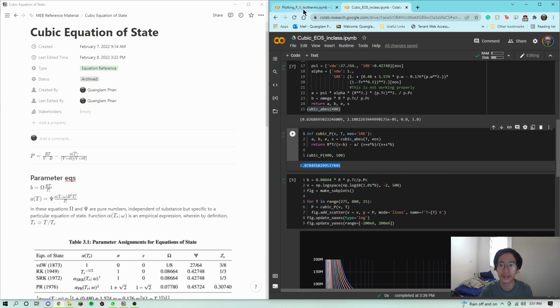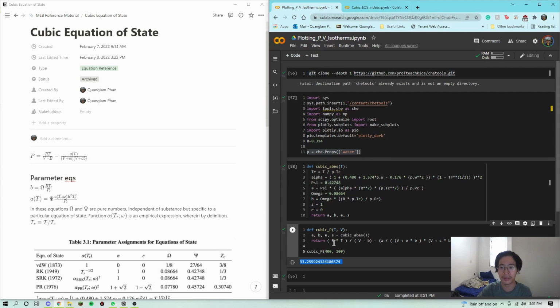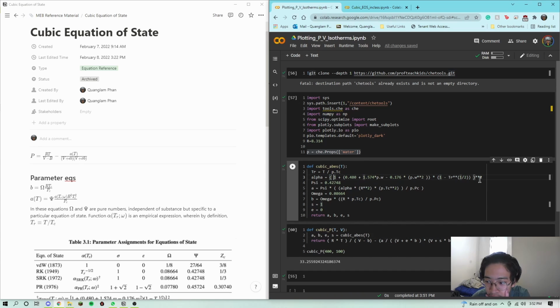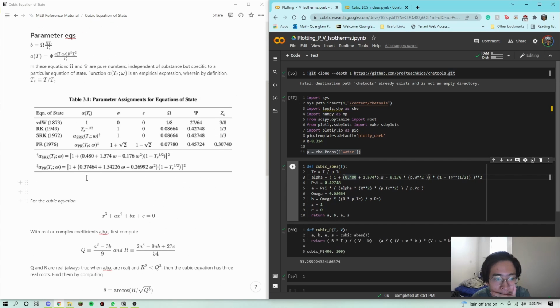It's very much incorrect, but I've seen this error before, and I believe that it comes down to a parentheses mismatch. And it's usually within the alpha function. Check that out.